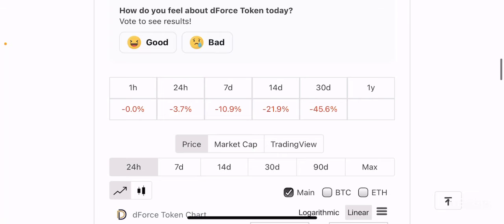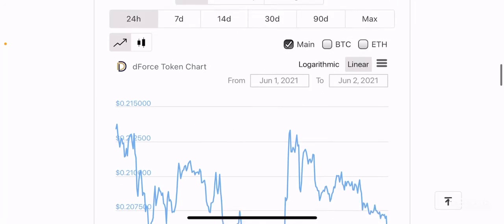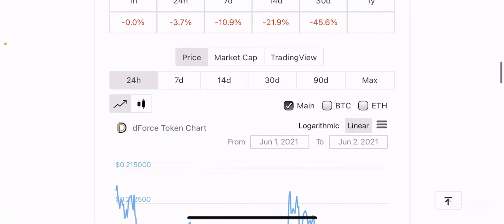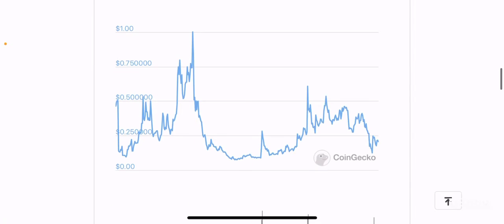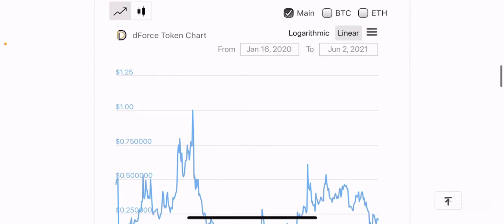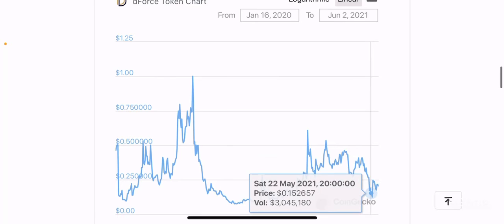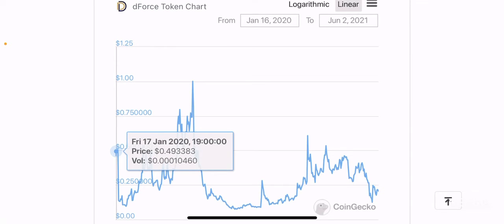So if you clearly see, the chart for the whole year shows a highly volatile pattern. Initially this token was available since Jan of 2020.